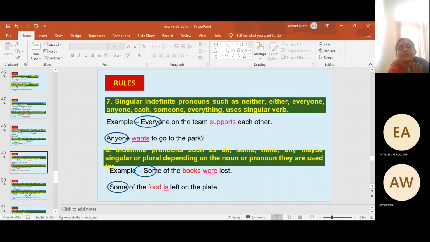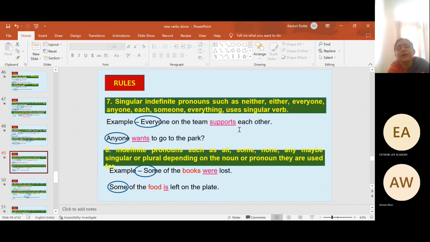Now, see, singular pronouns such as neither, either, everyone, anyone, each, someone, everything use a singular verb. Anyone wants to go to the park. Then, some of the books were lost. Now, what they mean to say, these two rules are different. Everyone, indefinite pronoun: everyone, either, neither, anyone, whatever.